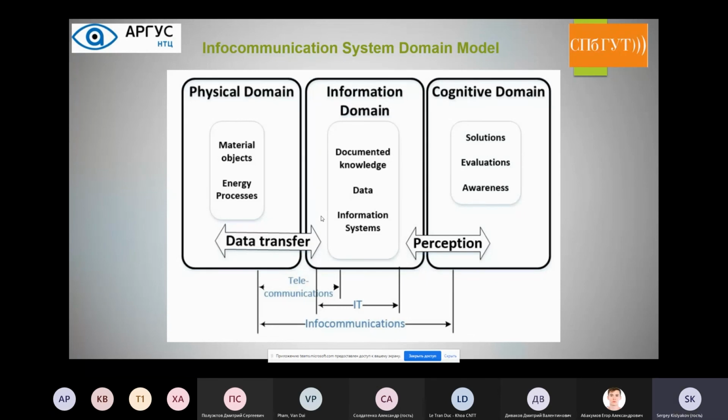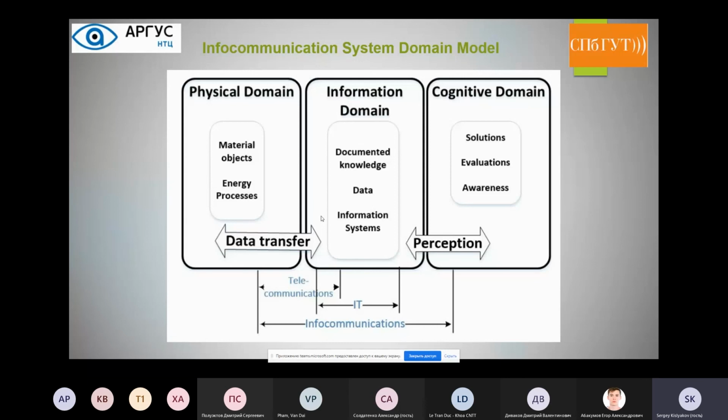The domain model makes it possible to identify infocommunication system components, define the inter-component interfaces, and consider the information interaction processes within the model. There are 3 domains within the domain model associated with 3 relatively independent but closely linked types of activity.